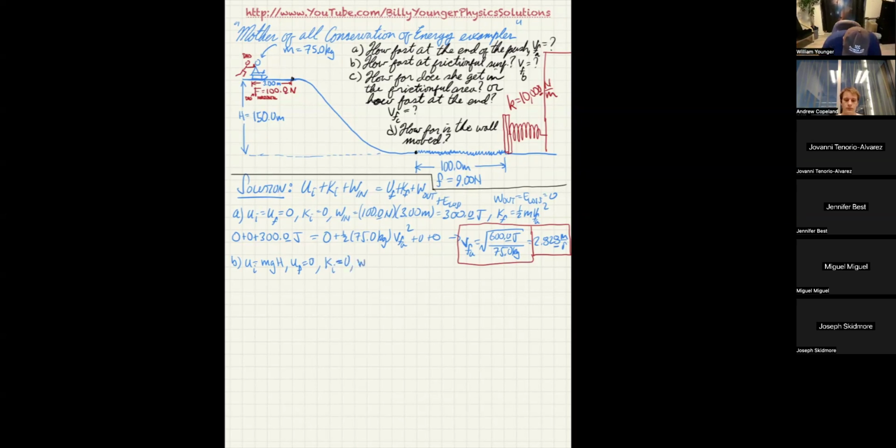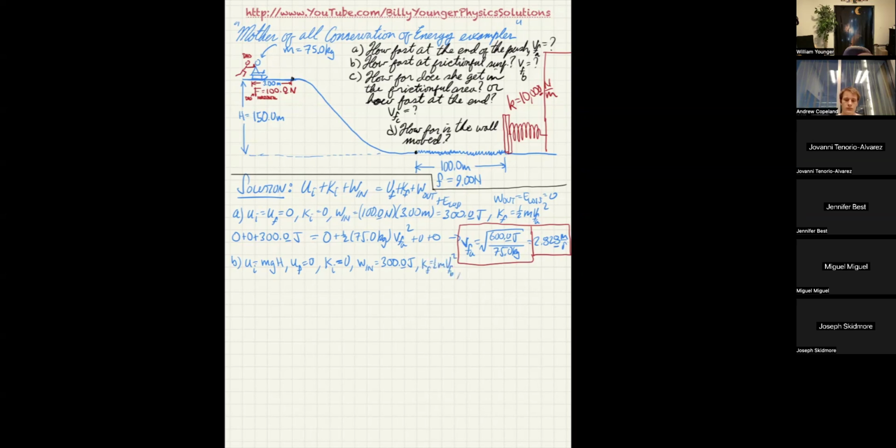I'm going to say work in is actually equal to 300.0 joules. And at the bottom, I'm going to say UF is equal to 0. I already got that. But K final is equal to 1/2 m v final B squared.